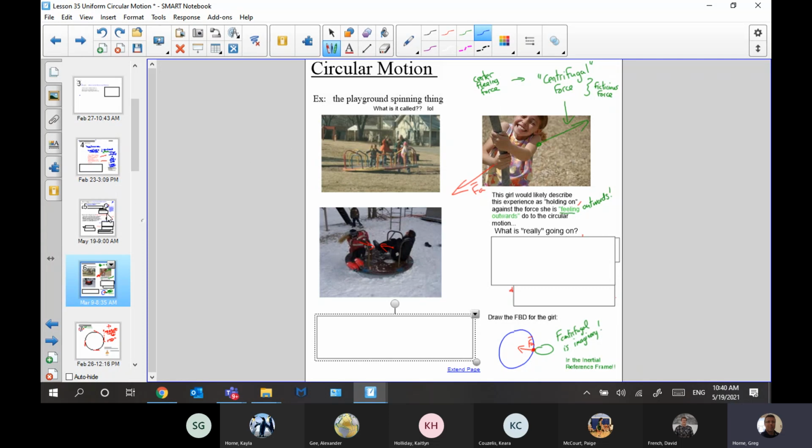But I'm going to remind you that in a non-inertial reference frame, that fictitious force has real effects. Even though it's an imaginary force, not an existent force, in a non-inertial rotating reference frame, it has real effects.